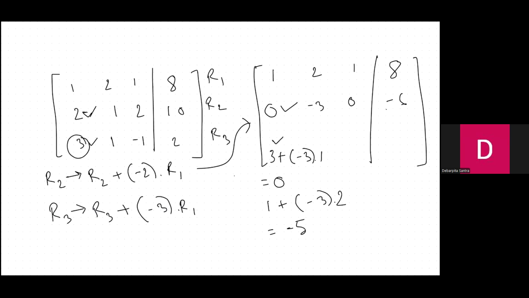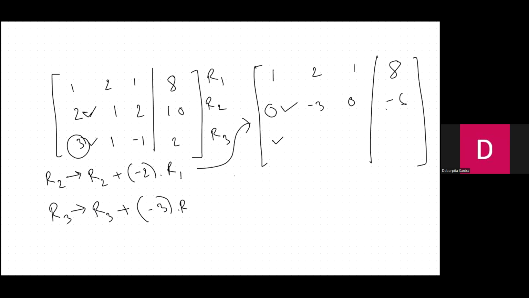The third value, it is minus 1 plus minus 3 into 1. So it will be minus 4. Okay. So 0, minus 5, minus 4. So let me write down properly the third row: 0, minus 5, minus 4.